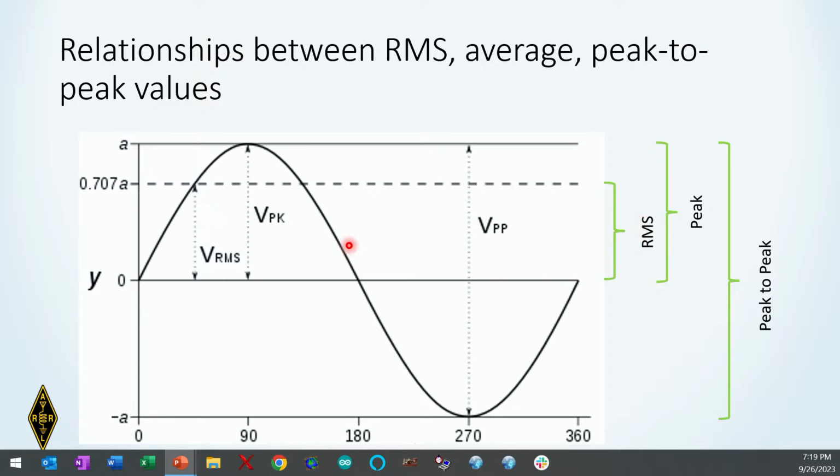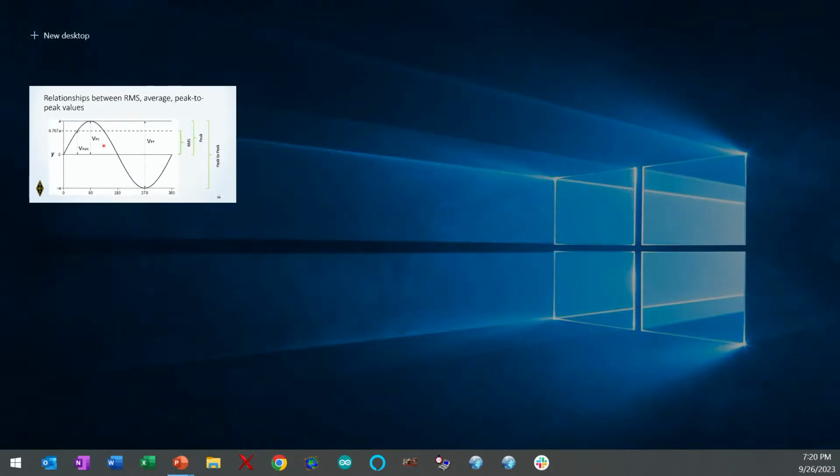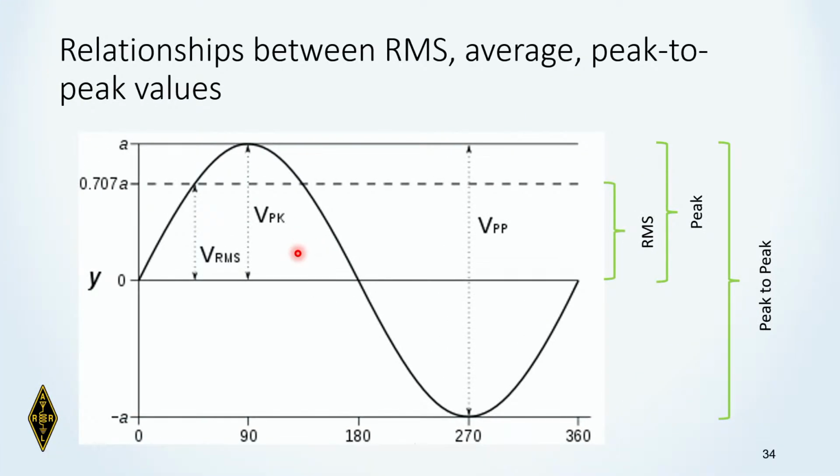So the RMS value is the peak times 0.707, and that will be the value. You have to create a waveform this large in order to get the equivalent DC heating value. So that's where the 0.707, which is also known as the RMS voltage, root mean square.